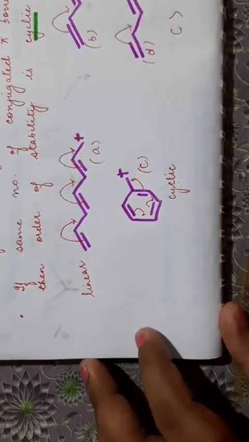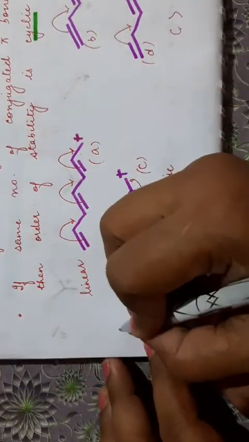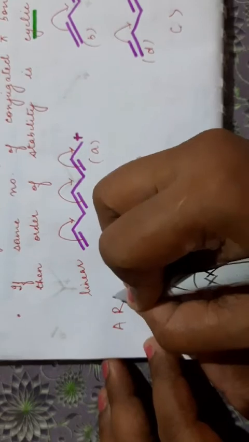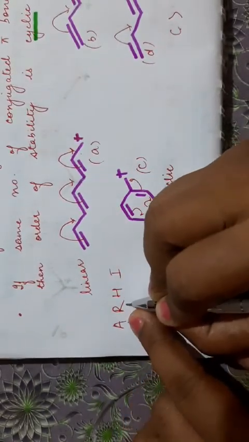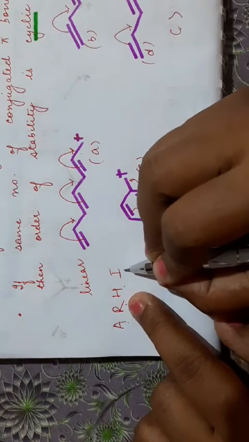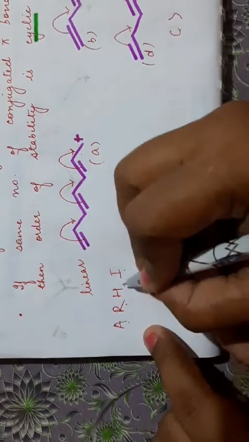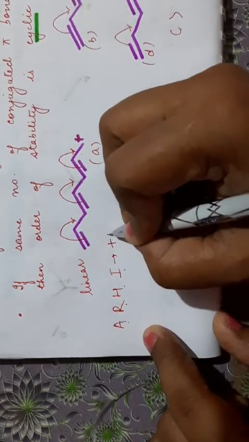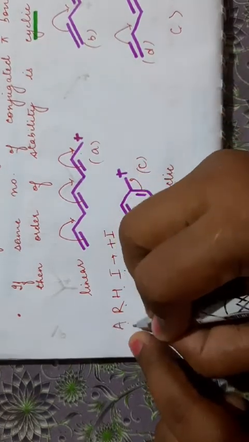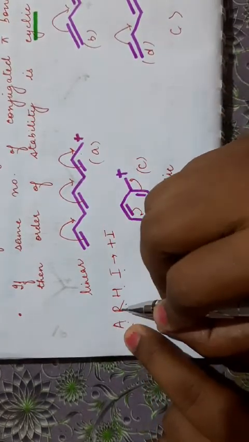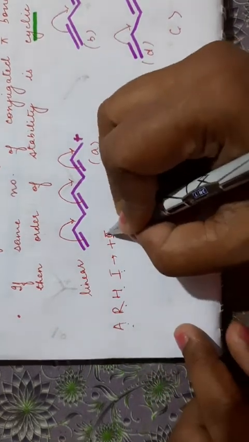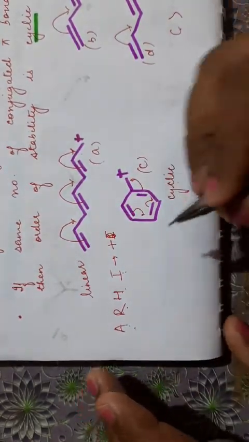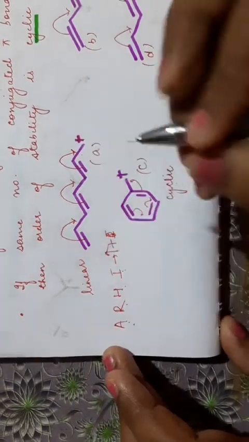Now if all the four are taking place, you have to remember the order A, R, H and I. A is aromaticity, R is resonance, H is hyperconjugation and I is inductive effect. Plus I effect, aromaticity, plus R, plus H, plus I, they will increase the stability of carbocation.